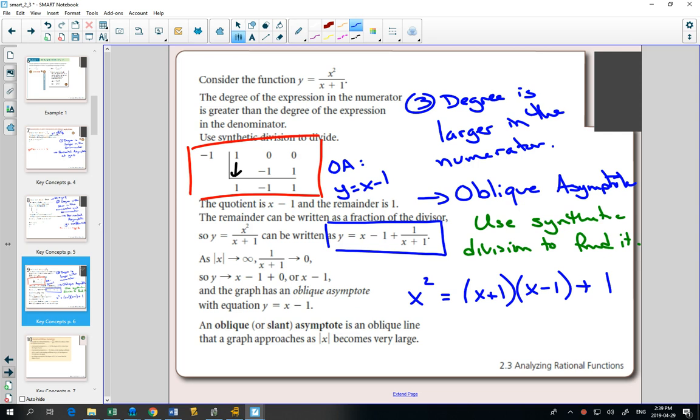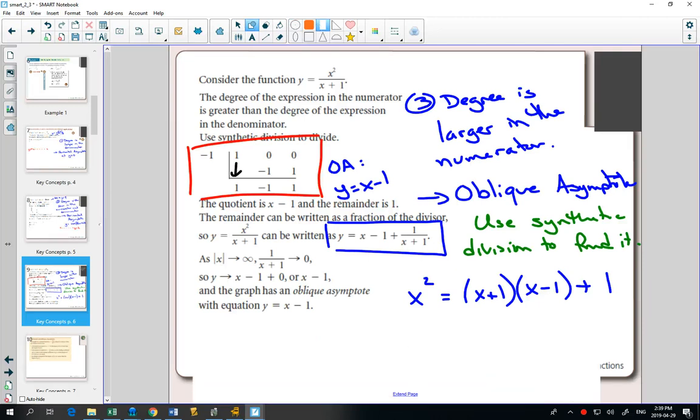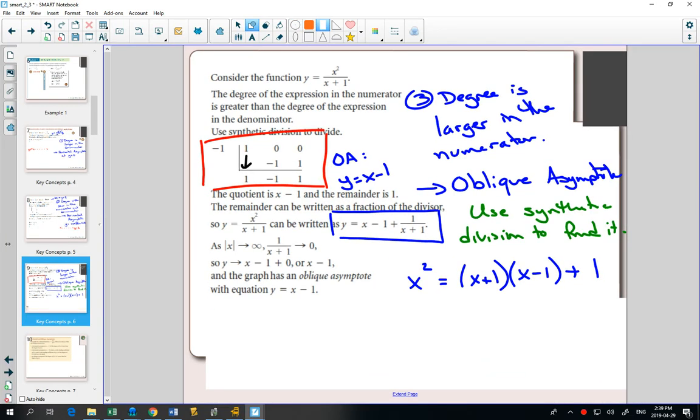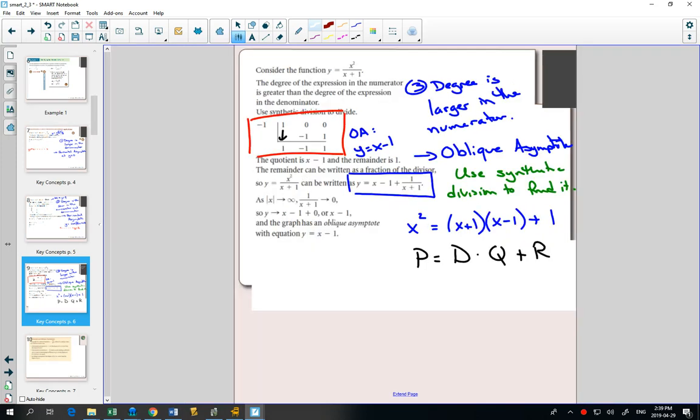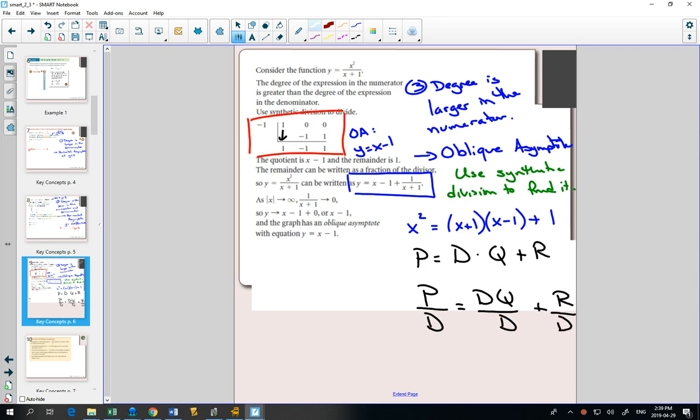This is the division statement. This is actually a really good question because the exam sometimes asks for the division statement in another form. The division statement that we've learned all the way through is the polynomial is your divisor multiplied by your quotient plus your remainder. If I divided everything by my divisor, this is what I would get.